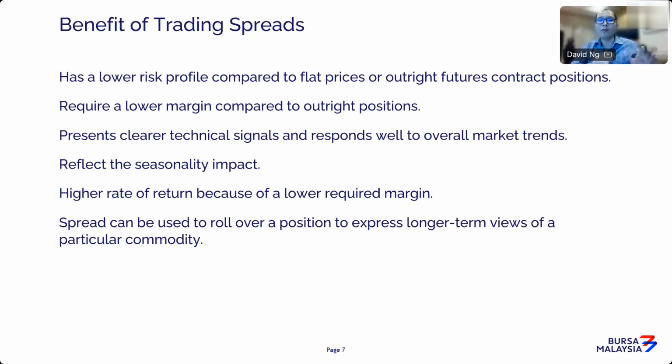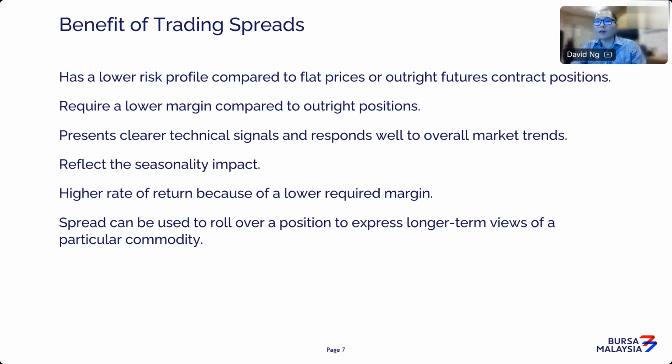So compare 8 to 9 ticks with 150 ticks, that is a huge difference. So essentially, you're looking at spread with a much lower risk and much lower price fluctuation as compared to outright trading, which exposes you to much greater price fluctuation, and in certain ways, your risk exposure is much greater.